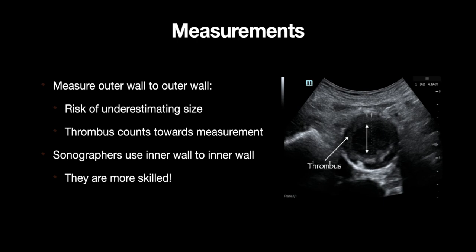So you'd probably be able to identify the outer wall or inner wall of the posterior wall, but the anterior wall is very difficult to actually determine where the inner and outer part is. So for that reason, you're probably better off overestimating the wall a little tiny bit rather than underestimating it. And definitely remember that thrombus needs to be included in these measurements.